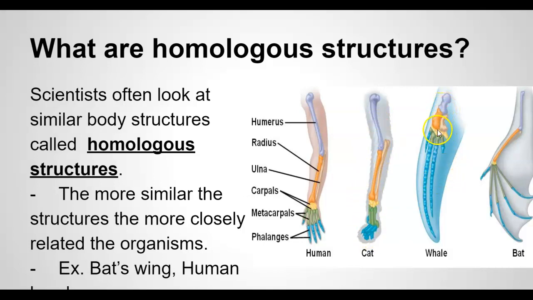If you x-ray the whale's flipper, the flipper itself is mostly the same type of bones that our fingers are. And the bat even looks like it has little fingernails at the end. The more similar the bone structure, the more similar the organisms are, the closer they are in terms of evolution.